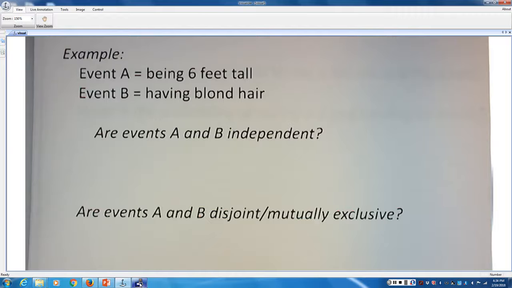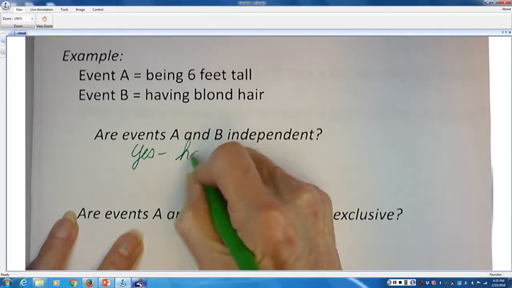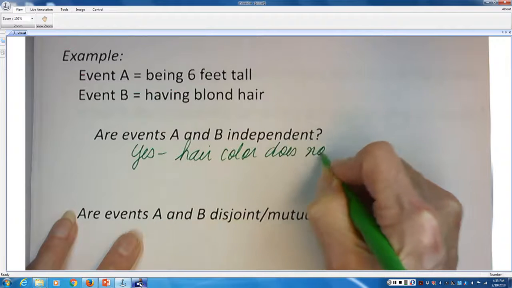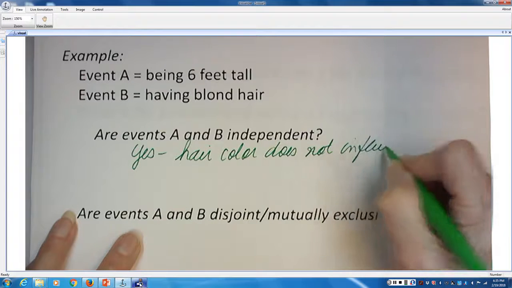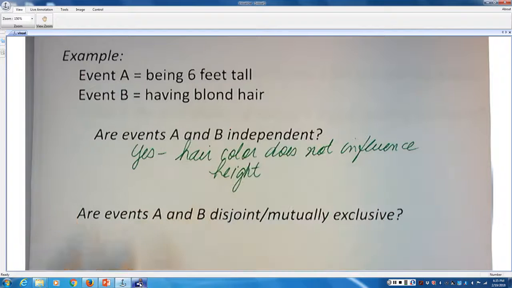Are they independent? Are you more likely to be blonde if you're 6 feet tall? Are you more likely to be 6 feet tall if you're blonde? So are they independent? Yes, they are independent. Hair color doesn't influence height, or vice versa.